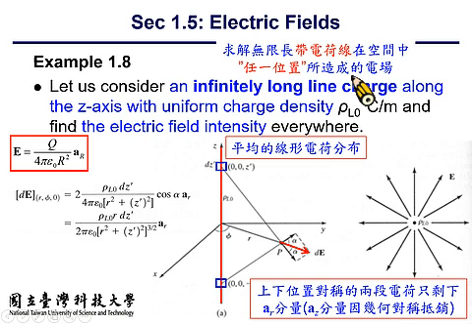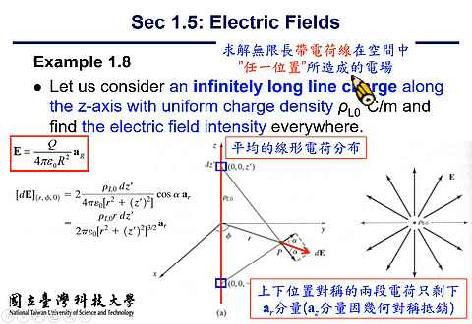So you can recalibrate the coordinate system so that the z coordinate of my observation point is 0.